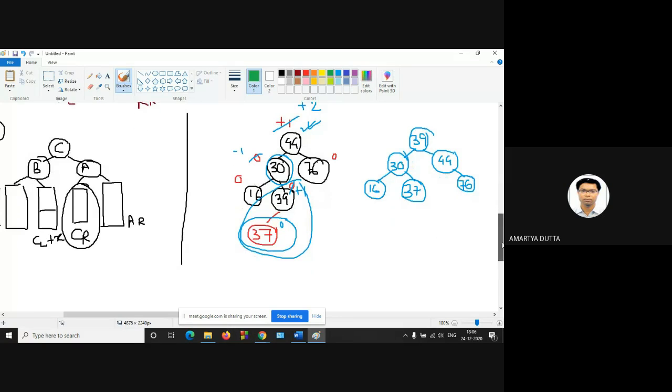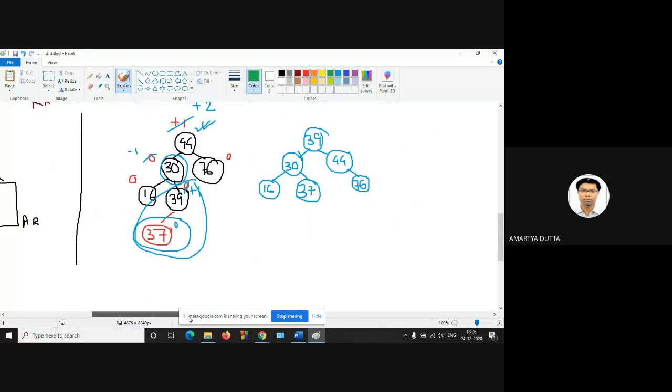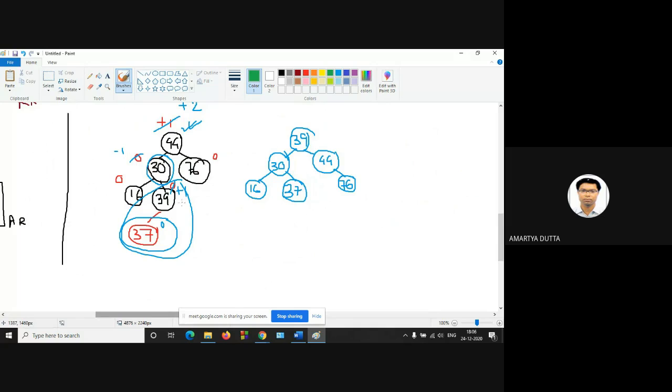So first of all, 39 is the C. So in 39, what should I do? Anyone? Sir, 39 and 30 will be rotated. So first of all, 39 and 30 will be rotated.